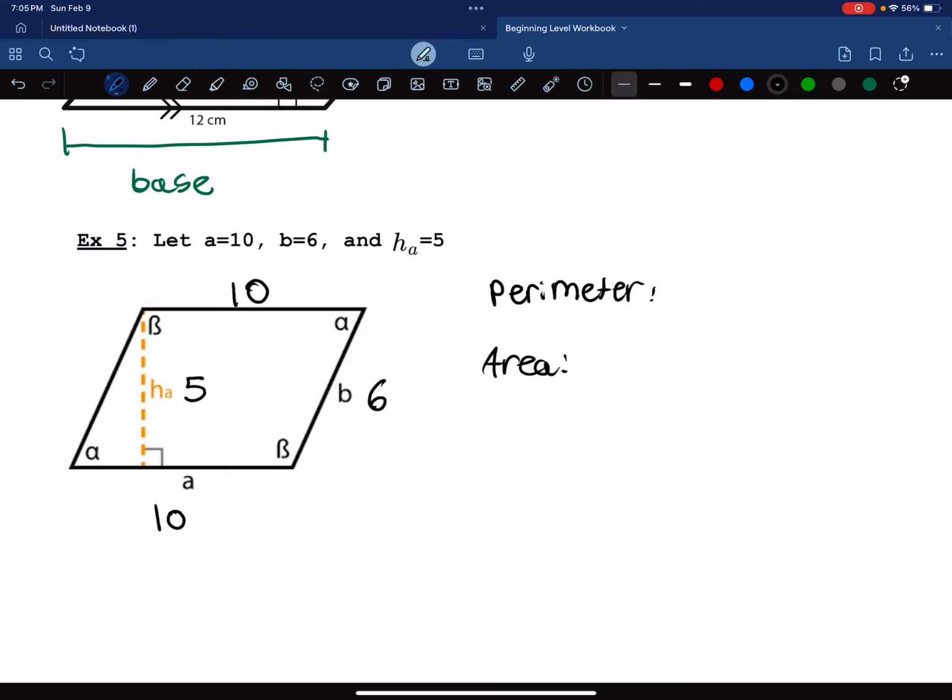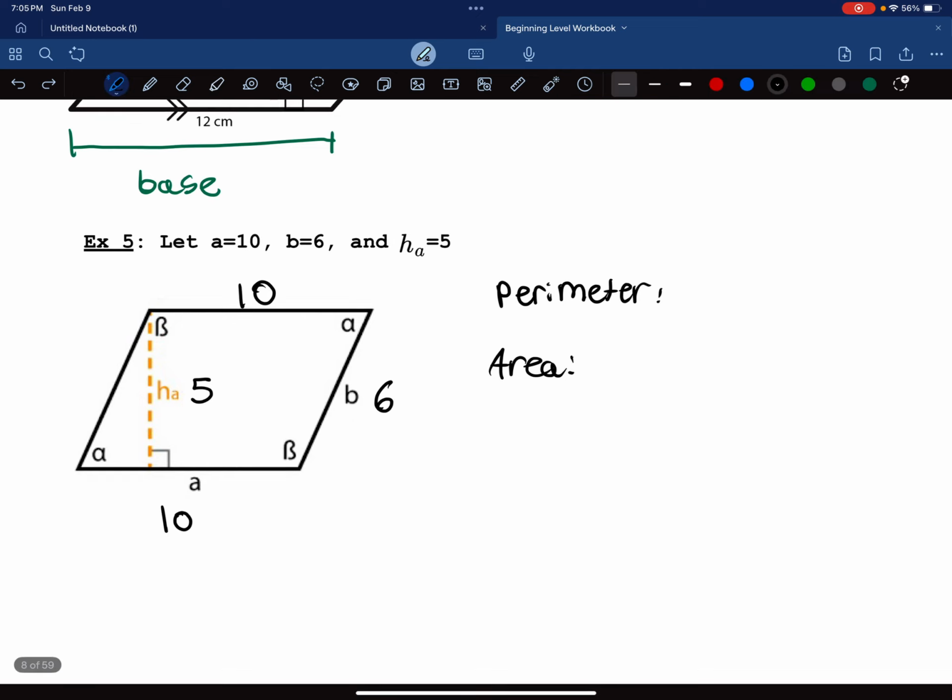And then this length here is going to be equal to this length here. It's going to be 6. So our perimeter is going to be 10 plus 6 plus 10 plus 6, and that equals 32.